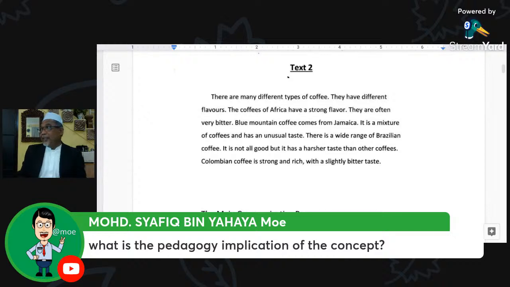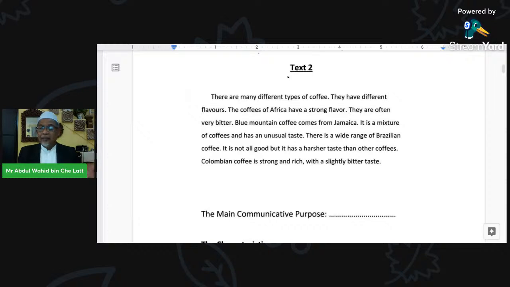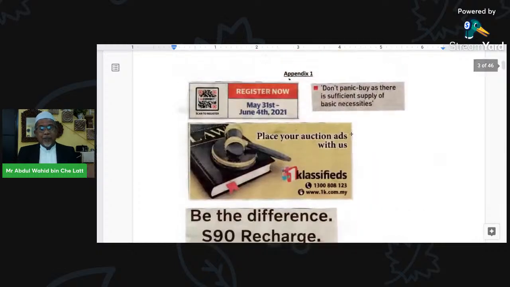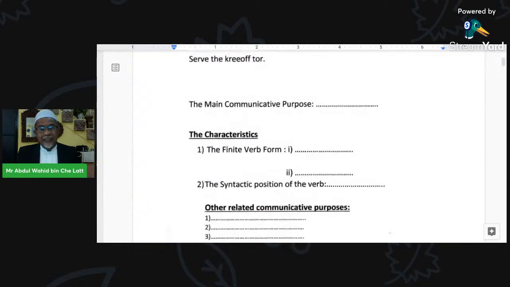Okay, there's one question here. What is the pedagogic implication of the concept? Okay, actually we want students to understand these two criteria. The verb form for instruction must be in base form and its syntactic position is at the beginning of the sentence.